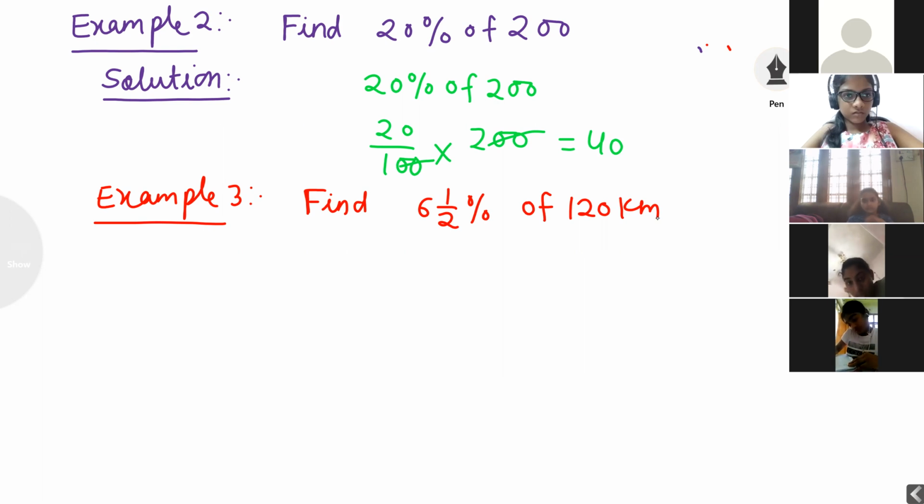Now he has given a mixed fraction. A mixed fraction I want to convert into an improper fraction. How to convert? Denominator multiplied by whole number plus numerator. 2 6s are 12 plus 1, 13. 13 by 2 percentage of 120.